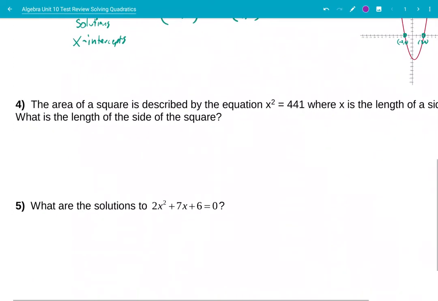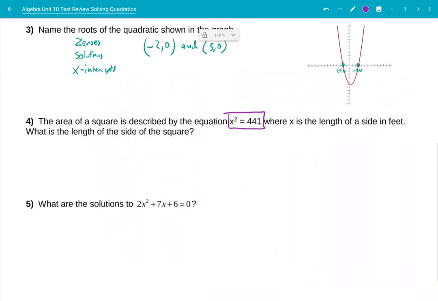The area of a square is described by this equation, where x is the length of a side in feet. What is the length of the side of the square? Well, in a square, all 4 sides are the same. You'll see this in geometry next year. We say they're congruent, which means they're the same size and same shape.